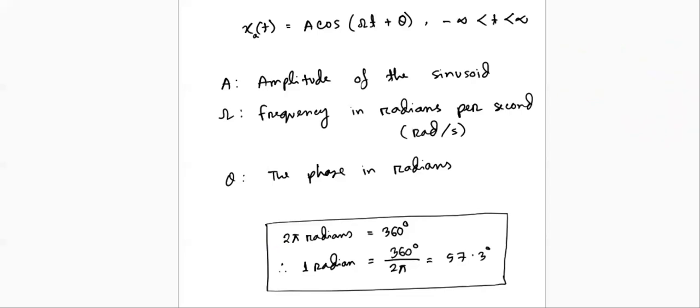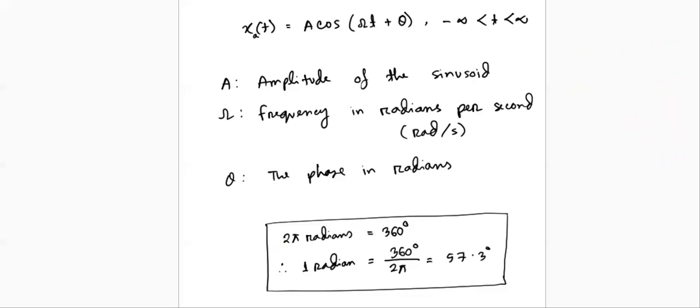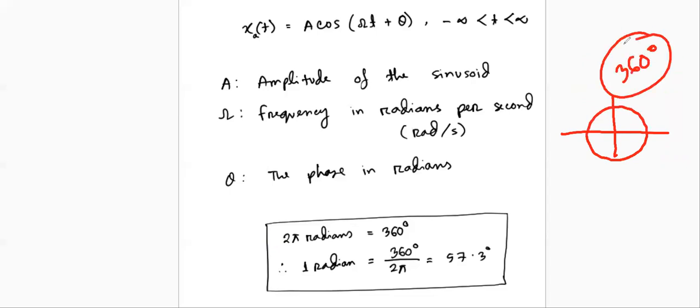Okay, let me ask you one very interesting question. How could you find that a circle contains 360 degrees? How could you find this 360 degrees? Can you justify that this is 360 degrees?